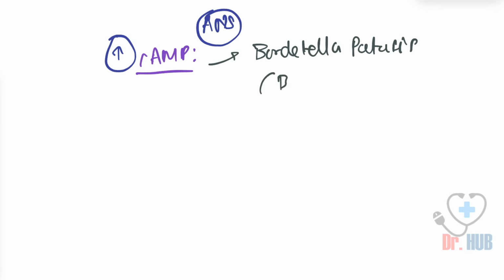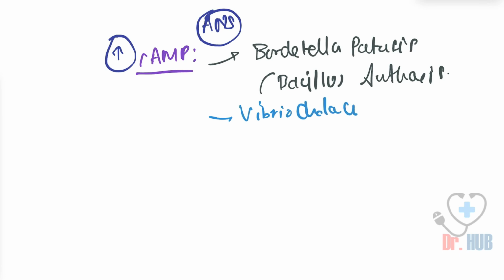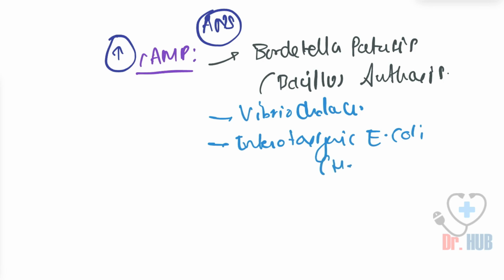Then also the Bacillus anthracis. Then the Vibrio cholerae and the enterotoxigenic E. coli. It is a heat labile toxin.